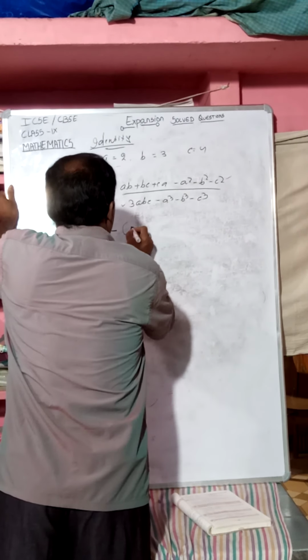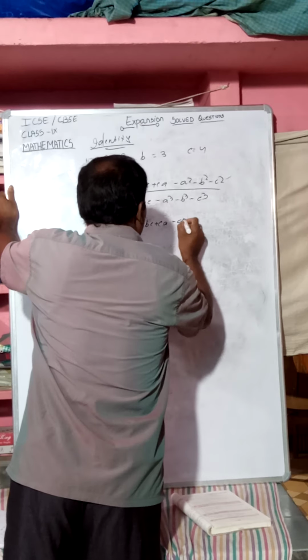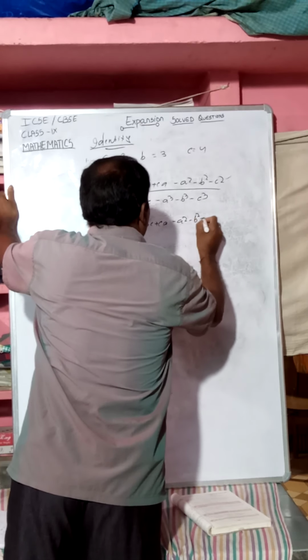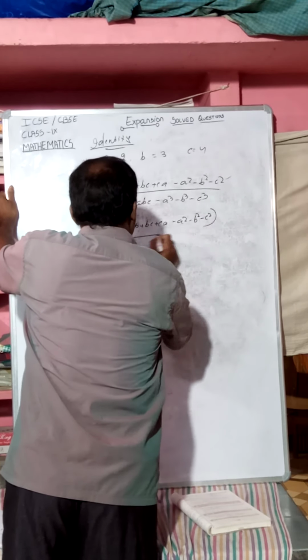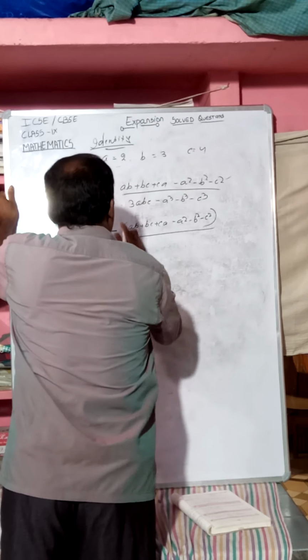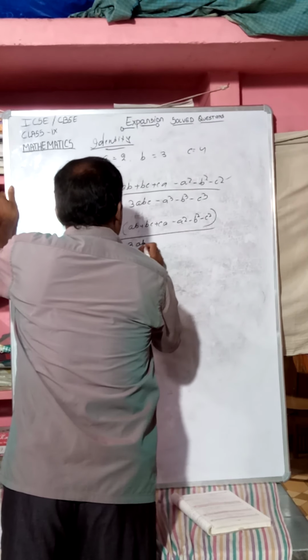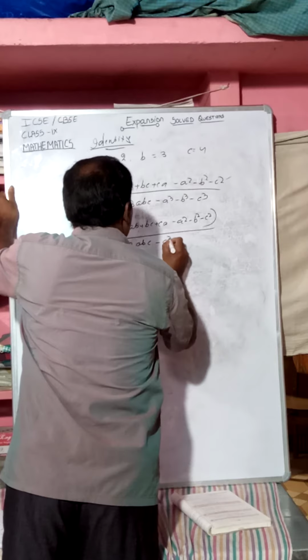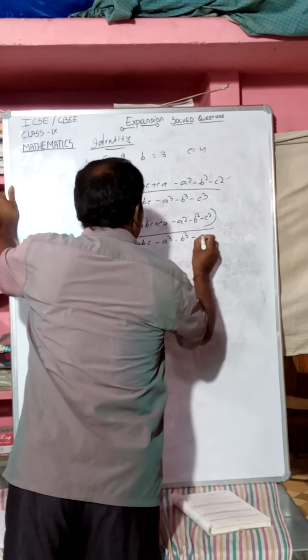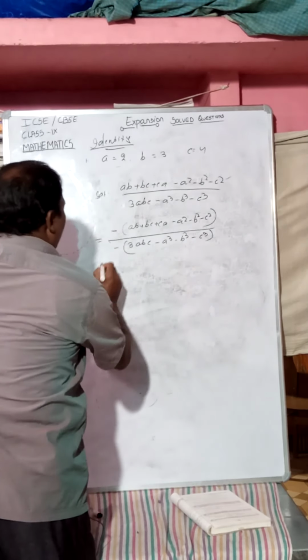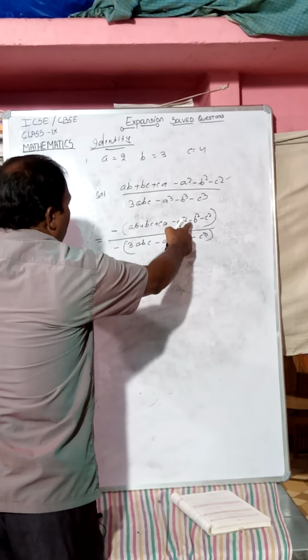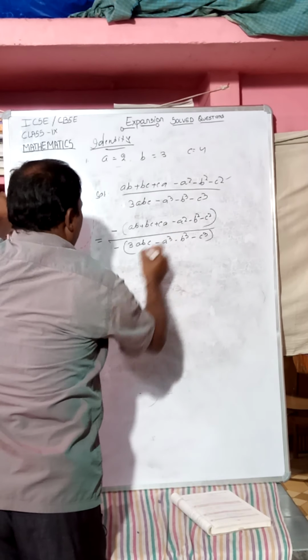(AB plus BC plus CA minus A square minus B square minus C square) divided by minus of (3ABC minus A cube minus B cube minus C cube) is equal to, now minus A square turns into plus A square plus B square plus C square.